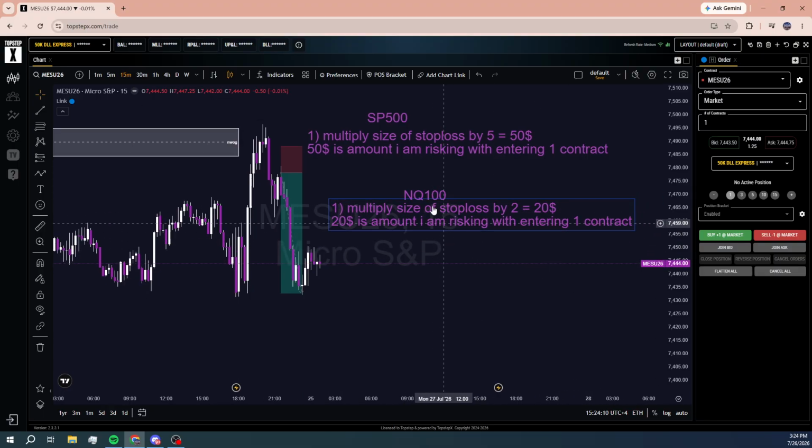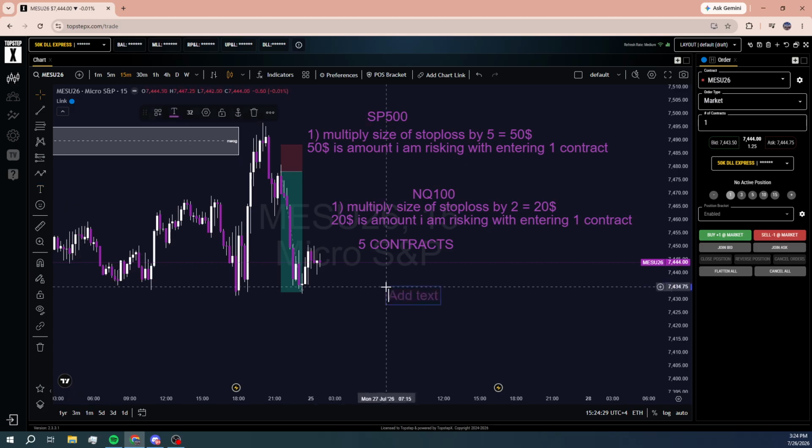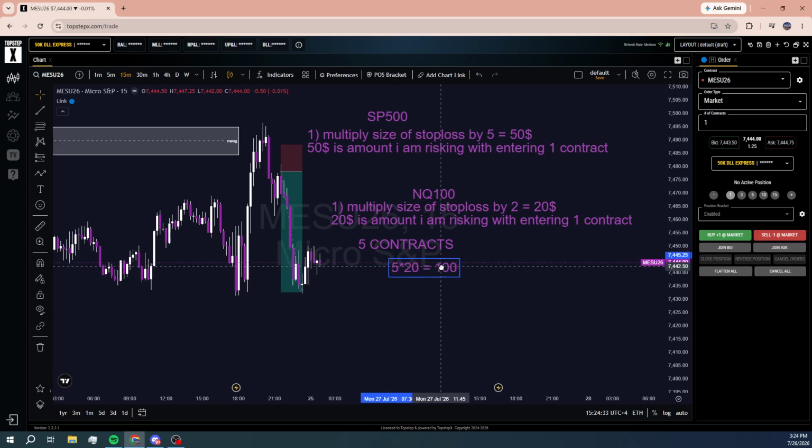So if you wanted to take a short on Nasdaq and risk $100, how many contracts would I enter with? I would enter with 5 contracts. Why? Because with one contract I am risking 20. So if I want to risk $100, I would enter with 5 contracts, because 5 times 20 is 100, and this is what I need.